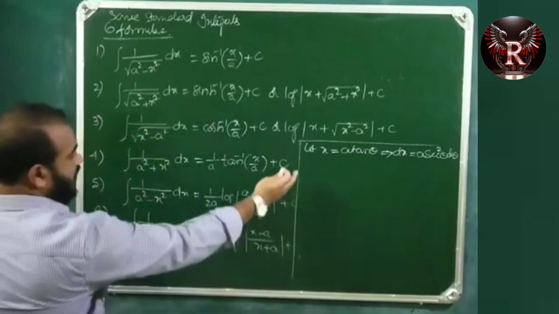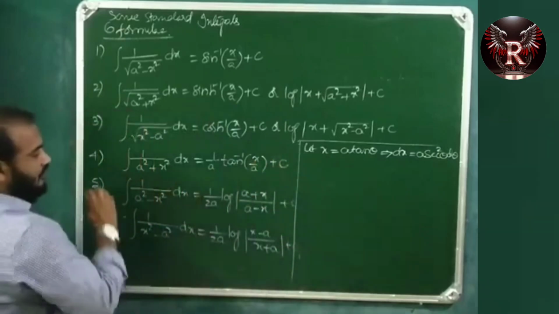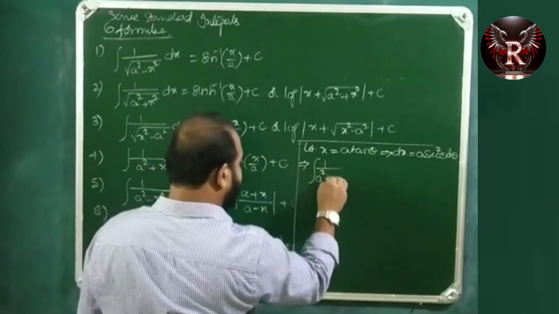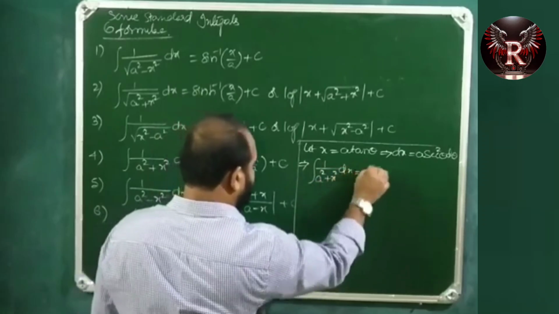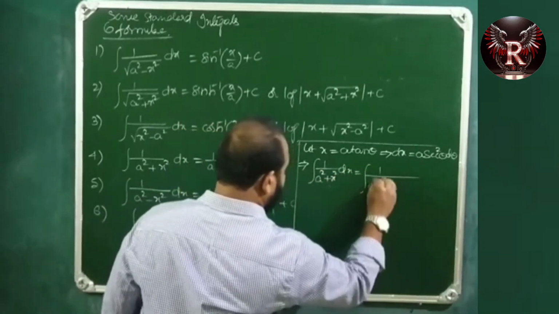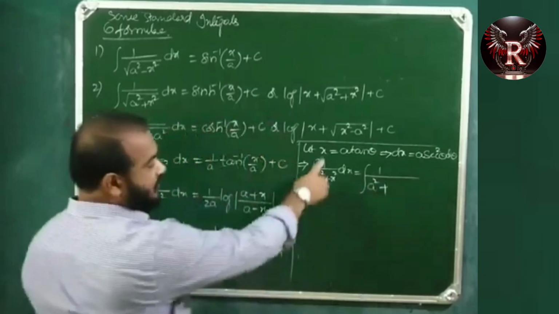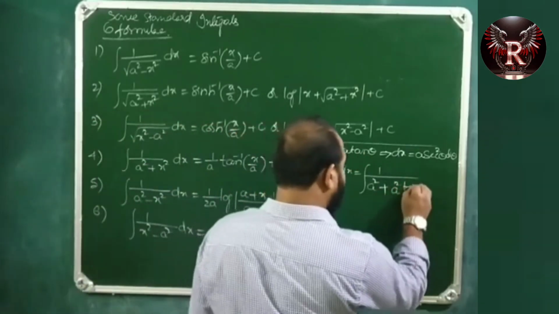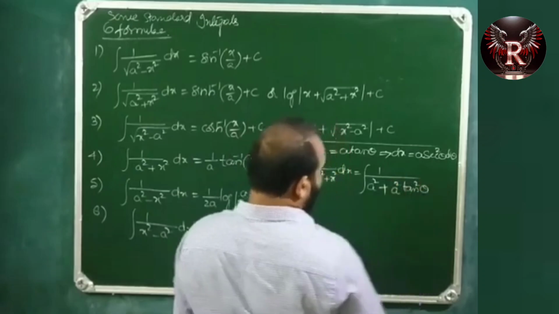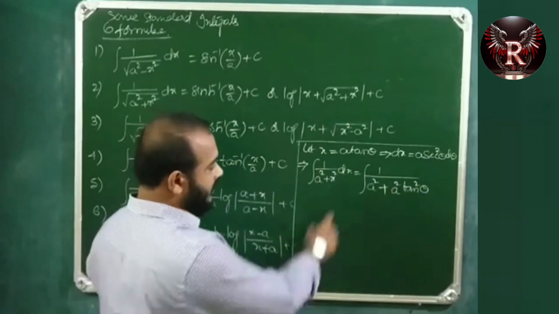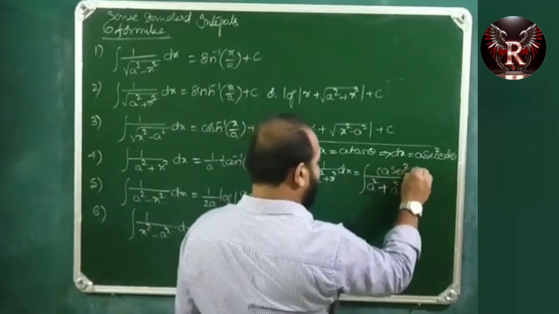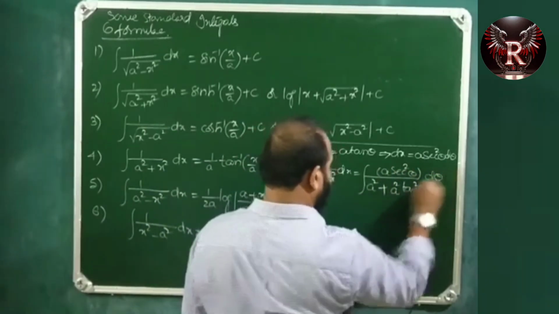So substitute this in the integral. 1 by a square plus x square dx: x is a tan theta, so x square is a square tan square theta, into dx, which is a secant square theta d theta.